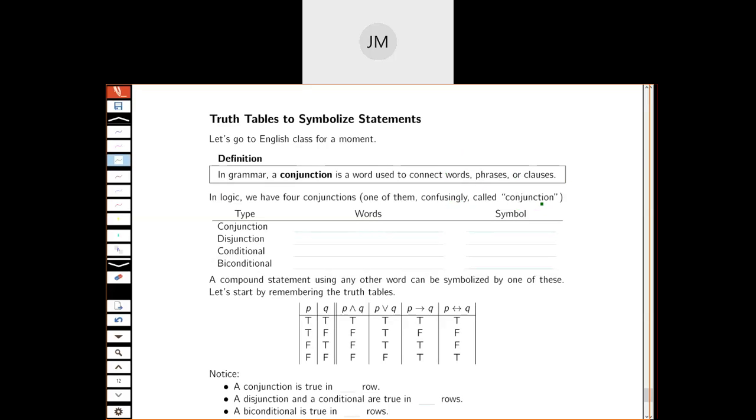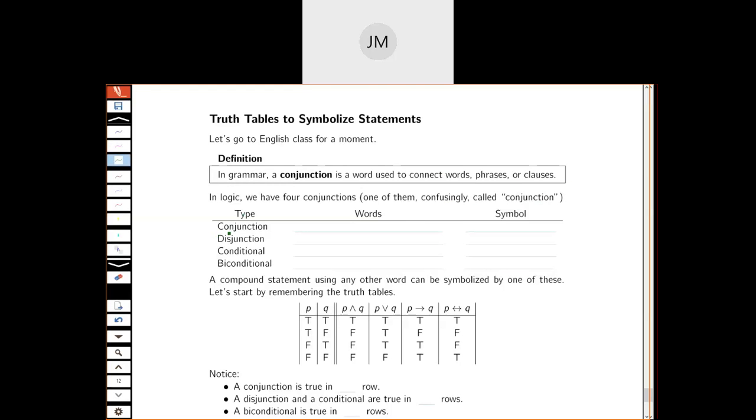I want to mention this because it's a way in which the way we describe things in logic and in English don't line up perfectly, so we have to be aware of that.